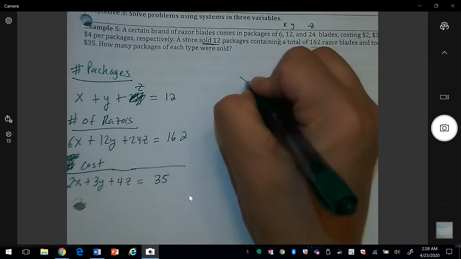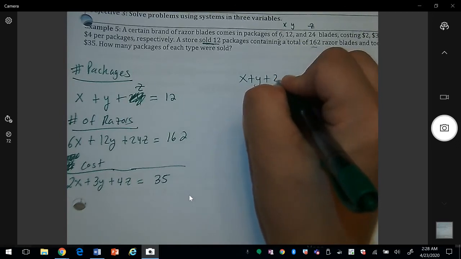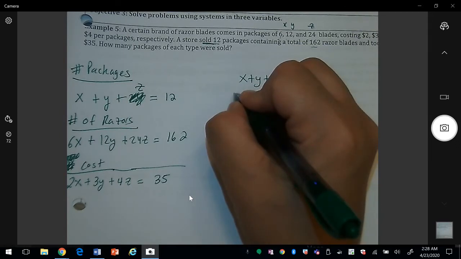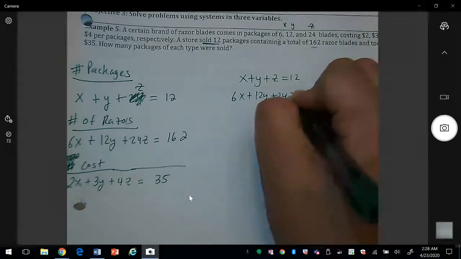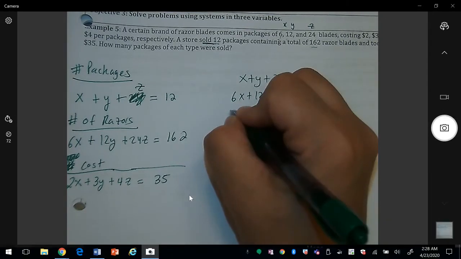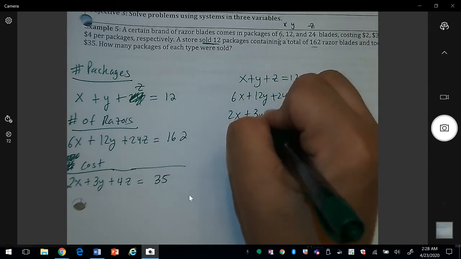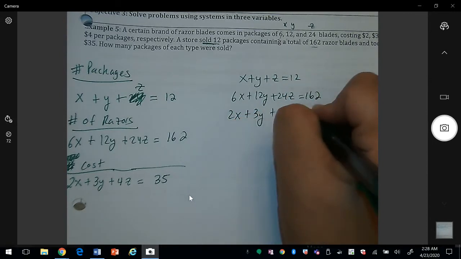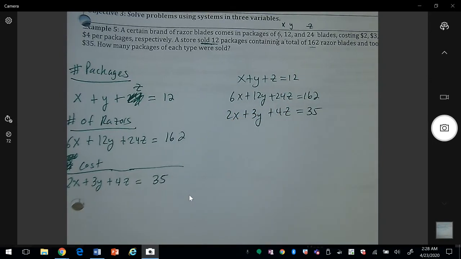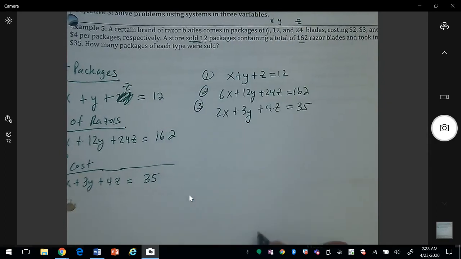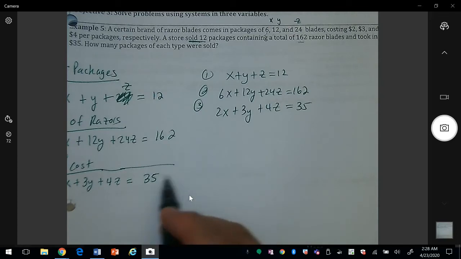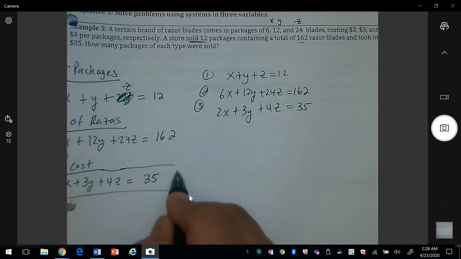So we have 3 equations: x plus y plus z equals 12, 6x plus 12y plus 24z equals 162, and 2x plus 3y plus 4z equals 35. So we can number these to keep track of them, and then we can use the same method.